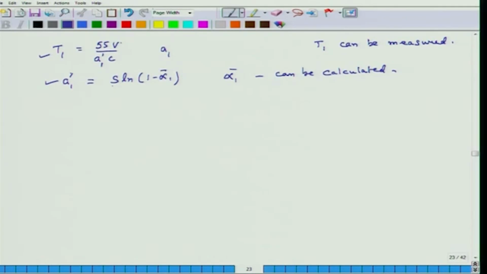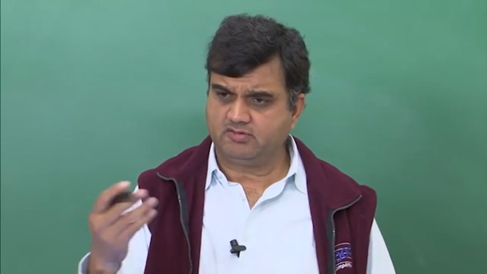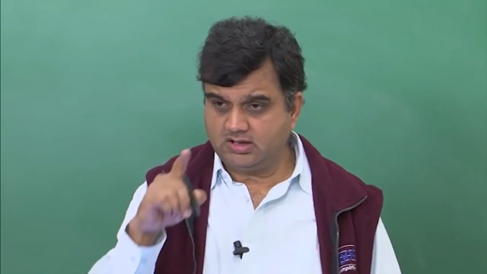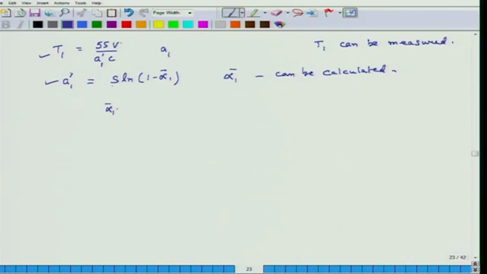Now I can assume that all the reflecting surfaces in my room have similar reflection characteristics. See, this alpha 1 bar was what?